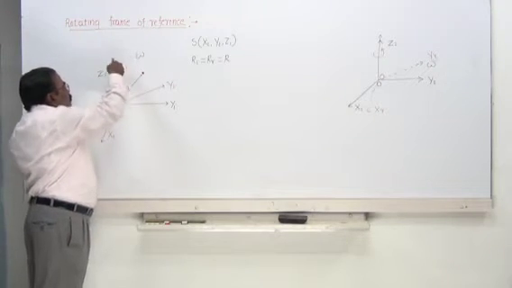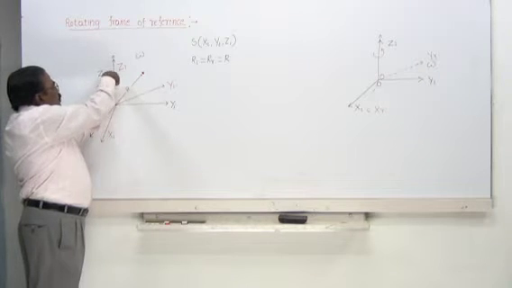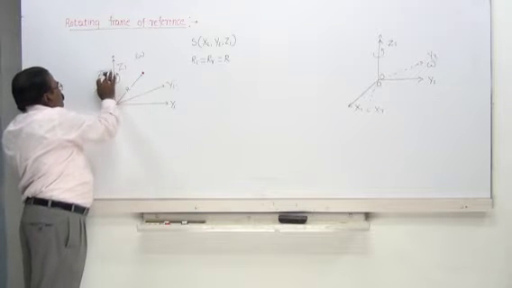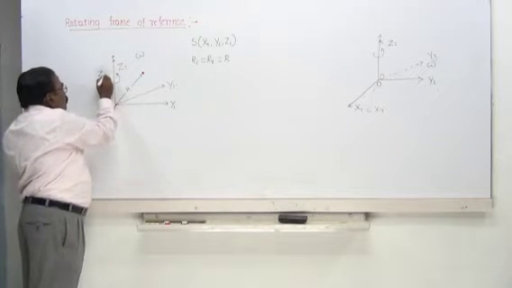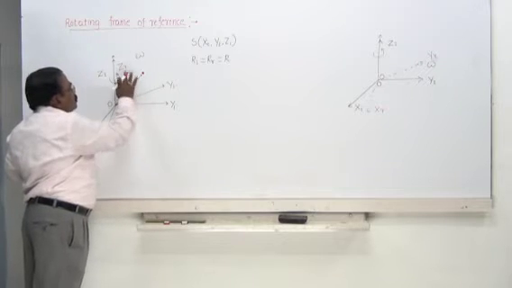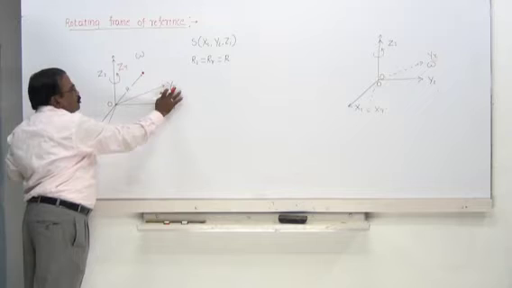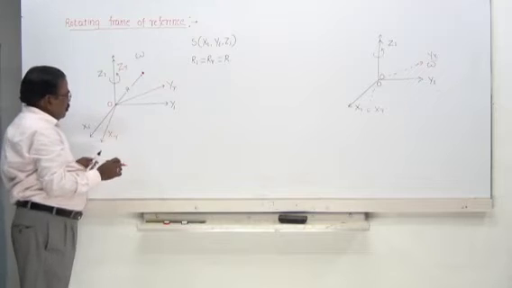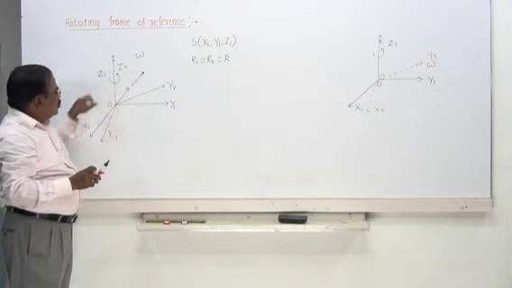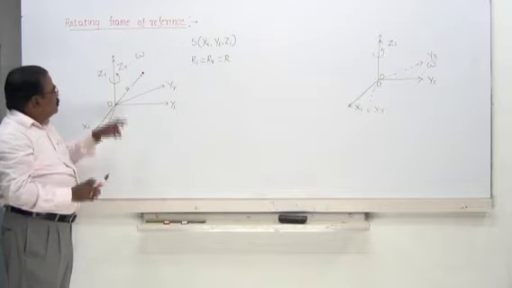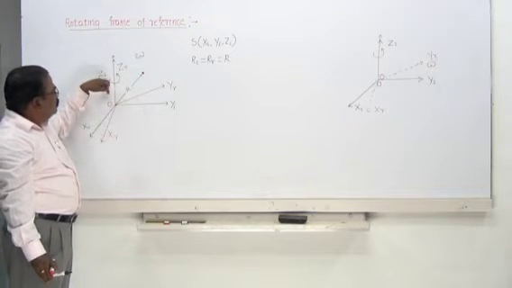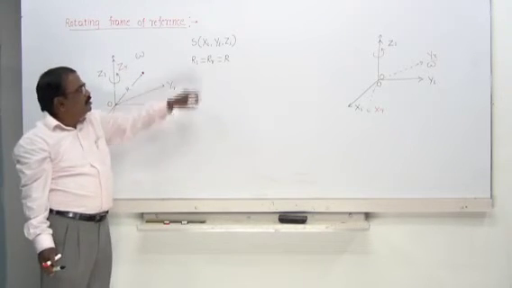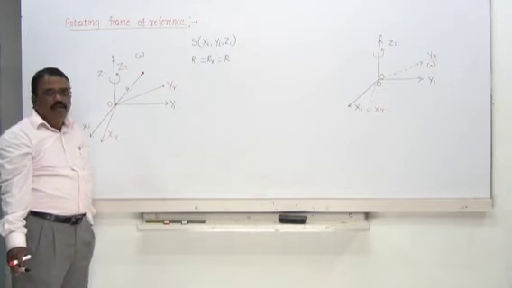This is important. These are rotating. Since the origins of both the axes are coincident, this is the condition Ri is equal to Rr is equal to R.